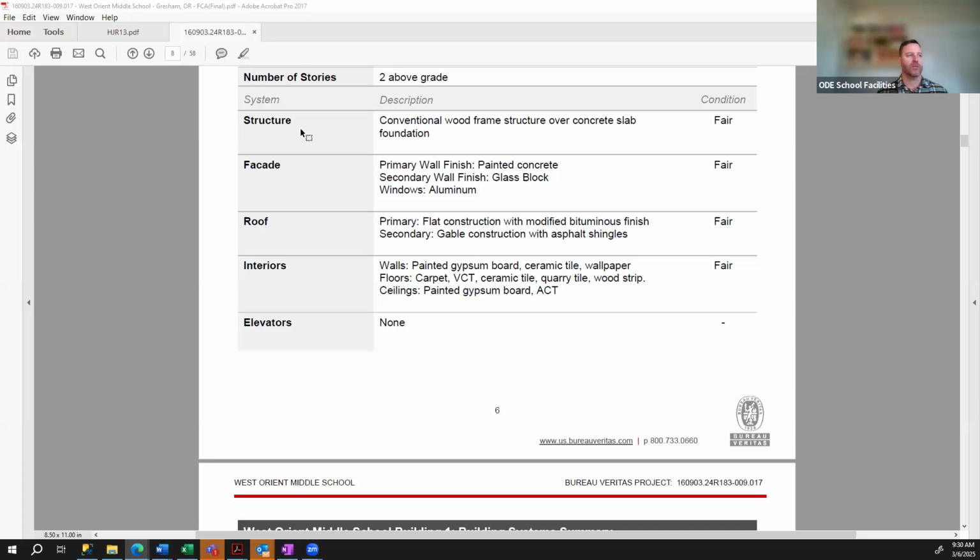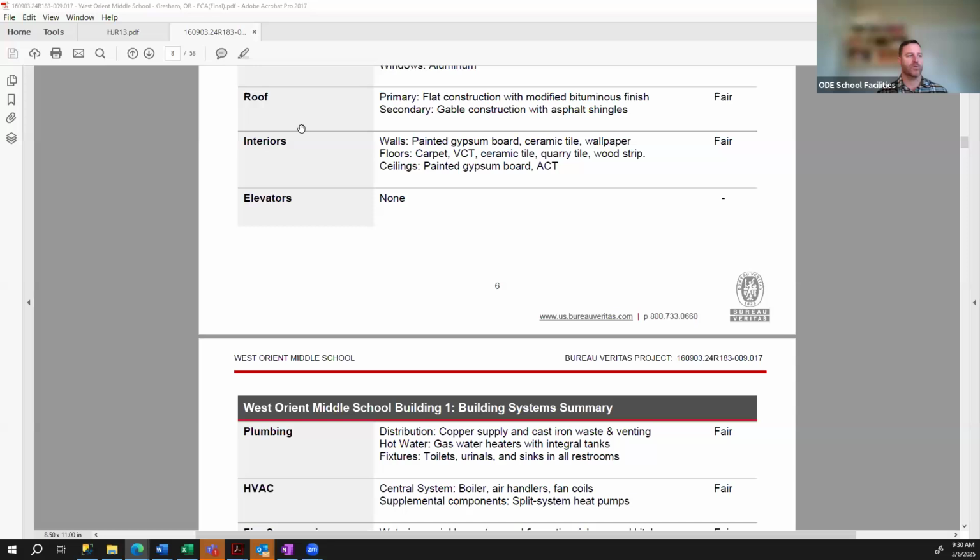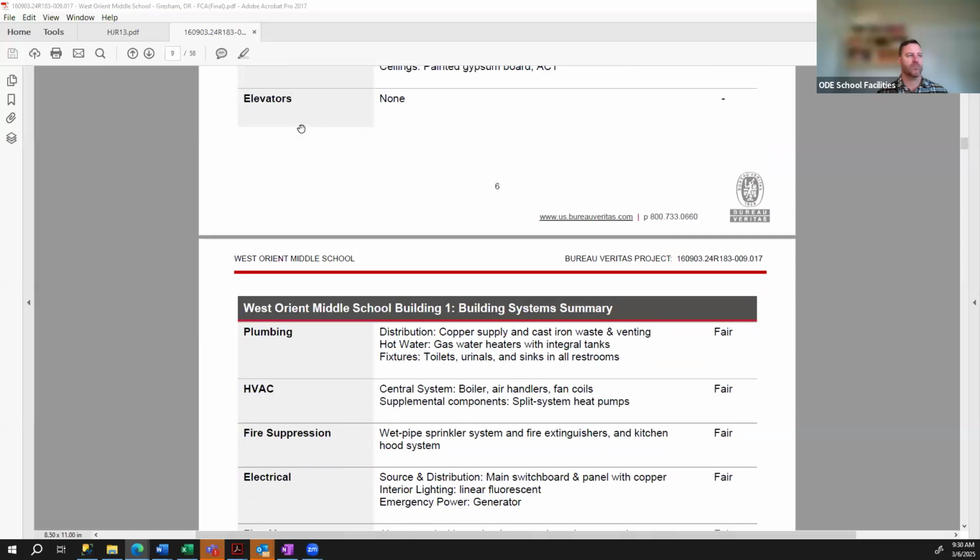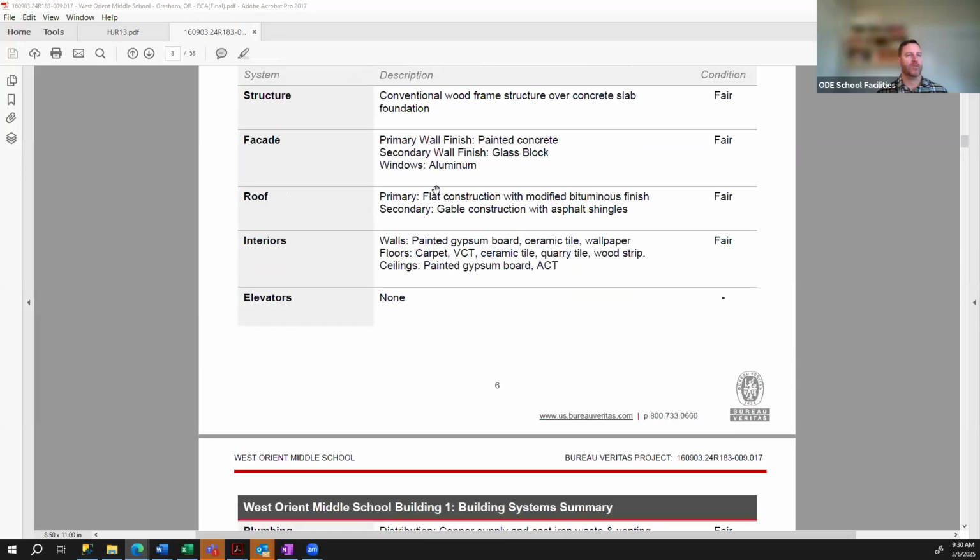We break it out into a dozen or so different systems. And this is going to tell you the overall condition. Let's say you have a roof, for example, that says it's in fair condition. However, you may know that there are roof leaks in a couple spots.